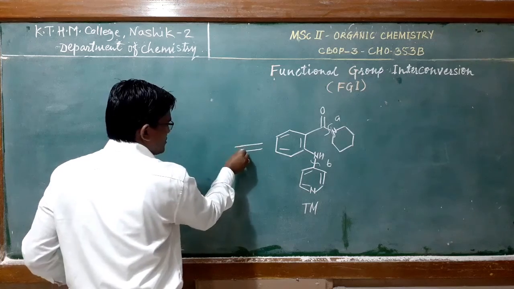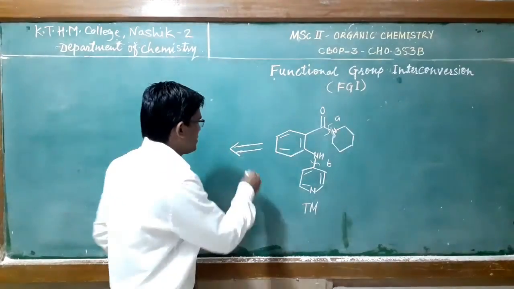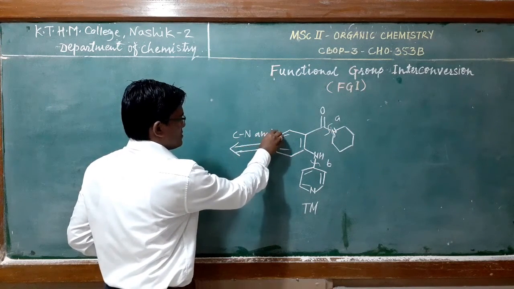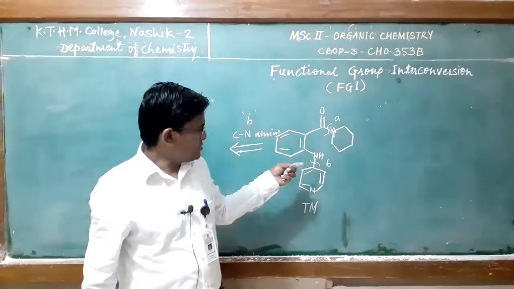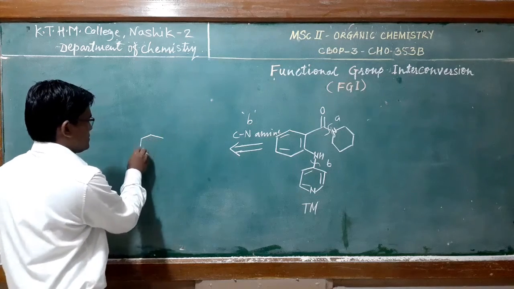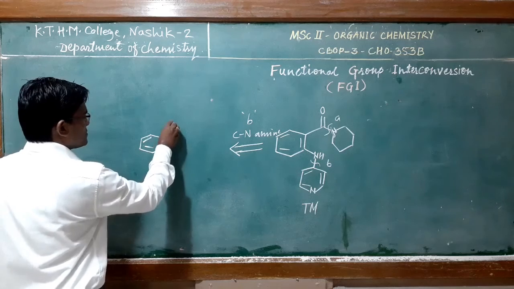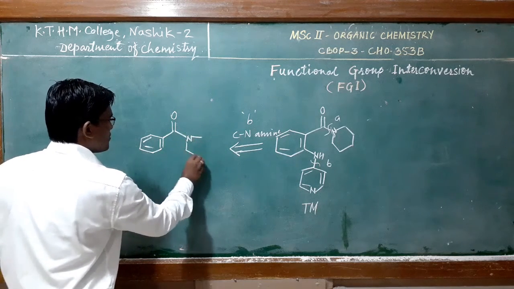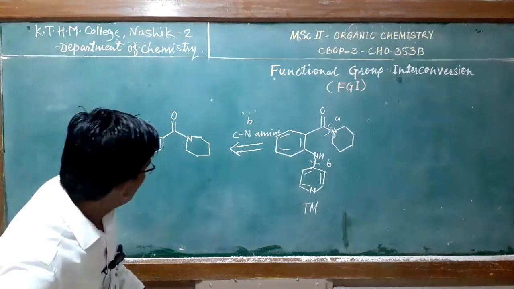When you cleave this CN bond, we can write CN amine bond. This is the B cleavage. When you cleave this bond, you will get two fragments, that means two synthons.